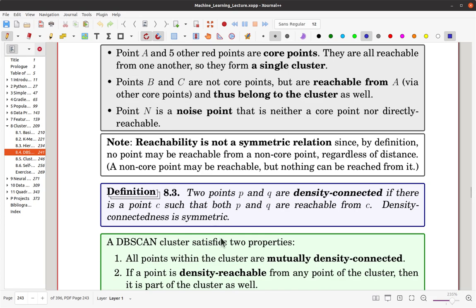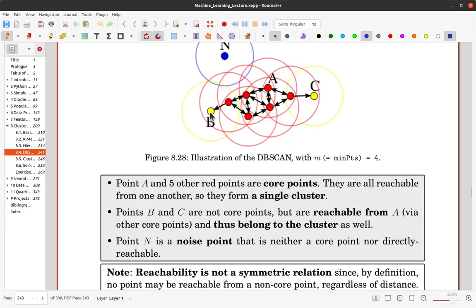Okay. Here, reachability is not a symmetric relation. For example, B is reachable from this point, but this point is not reachable from B, because reachability is defined to start from a core point.